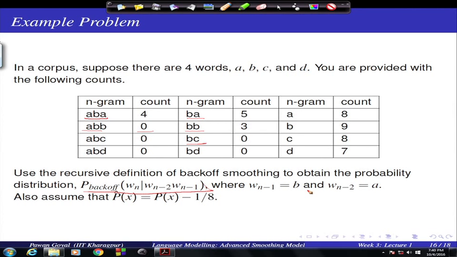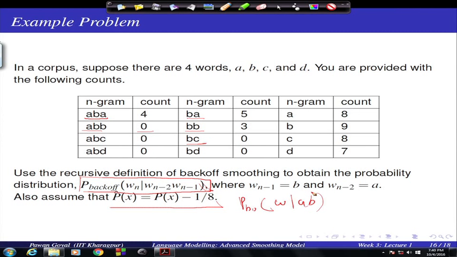You are also told that you can use this simple definition for p hat, that is (count minus 1) by 8. Suppose I want to use that to find the Backoff probability distribution. That is the Backoff probability of a word given A and B, where A is the previous to previous word and B is the previous word. Let us try to do that.